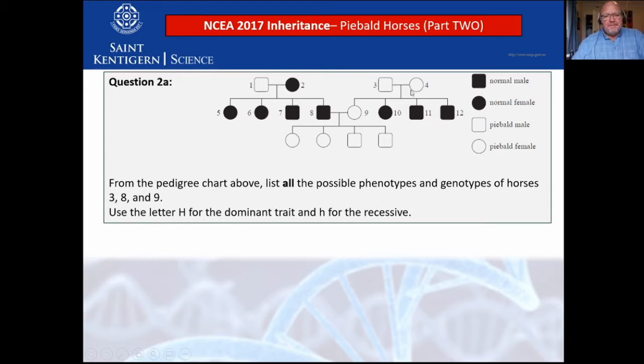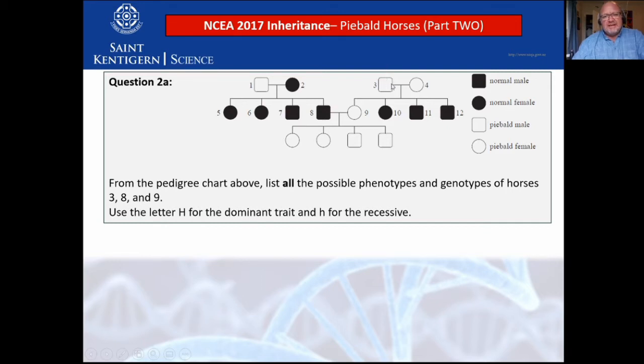So, number 3. If number 3 is a piebald male, it means that he has to have a dominant gene. Do you agree? But can you tell immediately if he's homozygous dominant H, or would he not be?